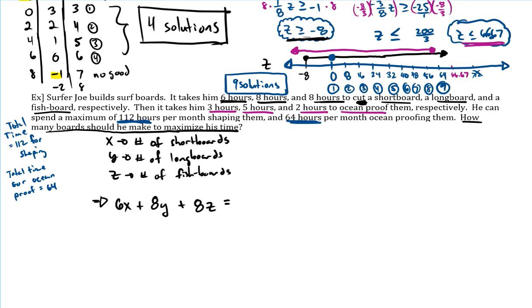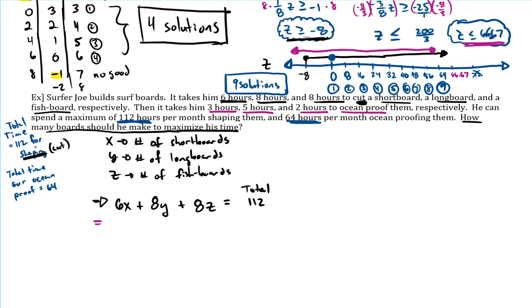They didn't use that same vocabulary when they gave the totals. So this is always our total at the end. They talked about shaping and ocean proofing. Well, I believe shaping would be for the cutting. So let's say this is equal to 112.